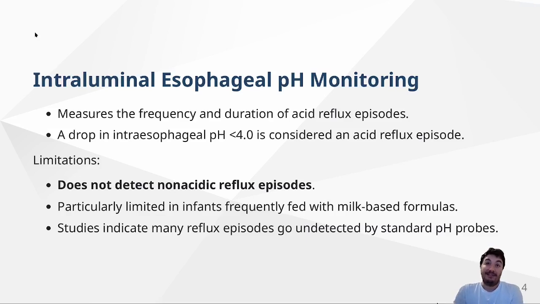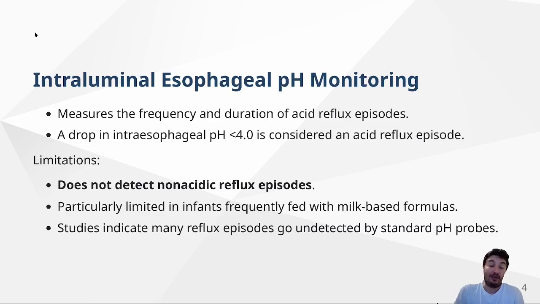In the past, only pH monitoring was used, with a catheter inside the esophagus, just detecting when the pH level drops below 4, to detect that something acid was in the esophagus, which is not supposed to be there. Of course, this kind of detection doesn't detect non-acid reflux episodes.